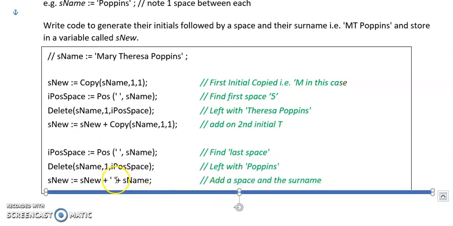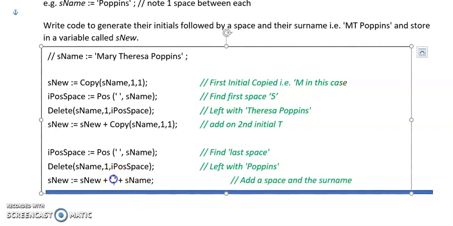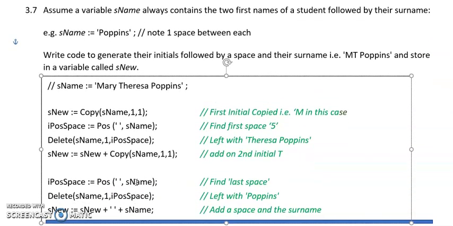Please note that I actually added a space there as well, because I wanted it to be nicely spaced when I printed it. I didn't want it to be empty Poppins, I wanted it to be empty space Poppins. So there I've just added on what's left, and what was left was the actual Poppins.